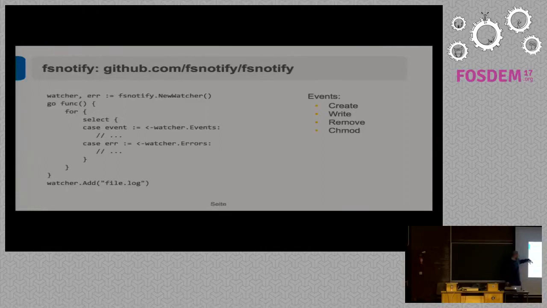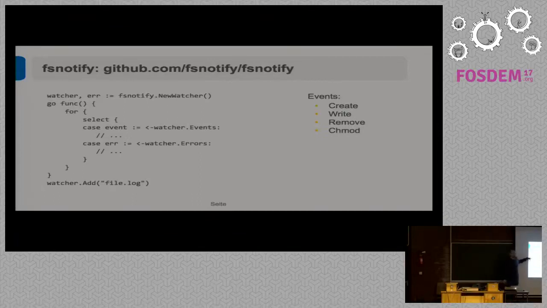You initialize some fsnotify watcher, and then it gives you an events channel. You read from that channel, and this read just blocks until anything happens. And once something happens, you just get an event and you can handle it, right? And the events are like this: create, some file was created, write is when somebody wrote something to a file, remove is when somebody removed a file, and chmod when file attributes have been changed, and so on.